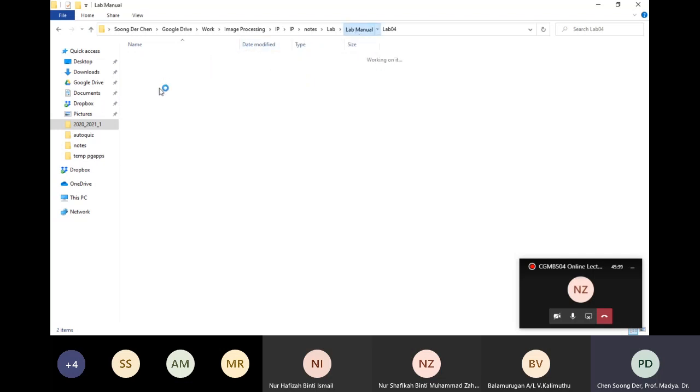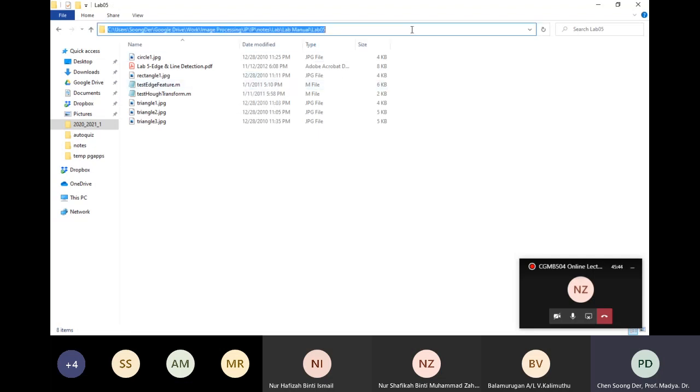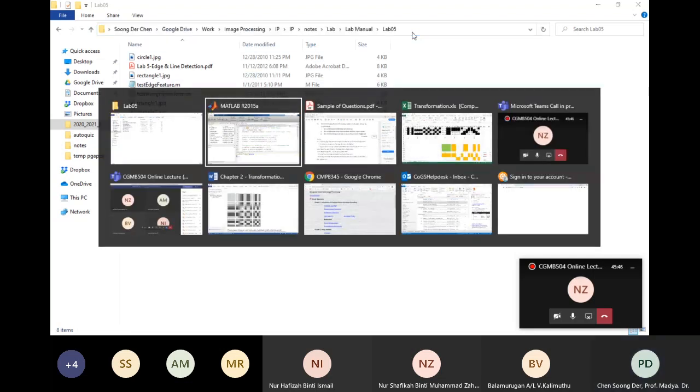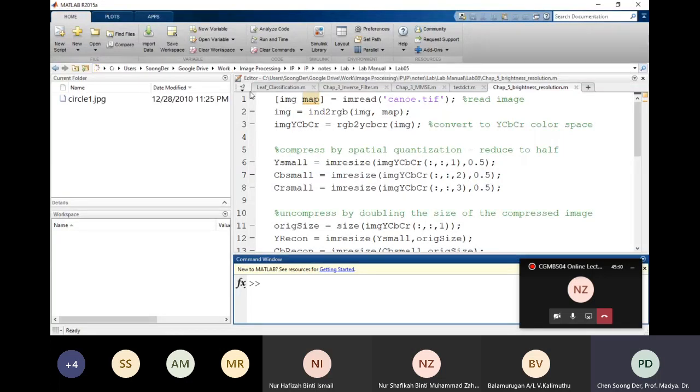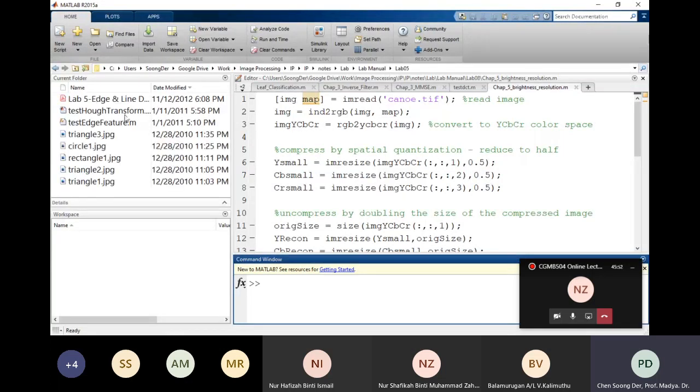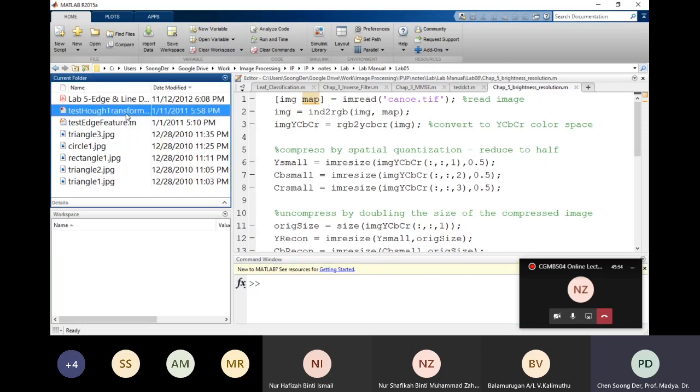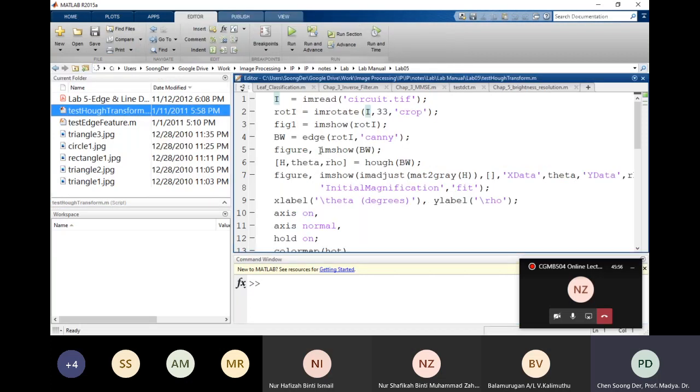Quantization 5. Okay, edge features. Okay, if I try to run this, Hough transform, sorry.